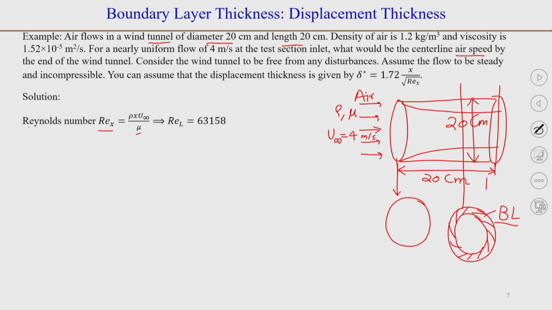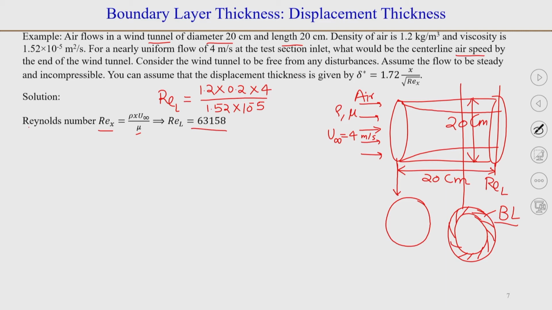So, we can calculate REL, which is equal to rho, 1.2, into L, 20 centimeters, so 0.2 meters, into u infinity, which is 4 meters per second, divided by 1.52 into 10 raised to the power minus 5, and that number will probably come around 63,000.